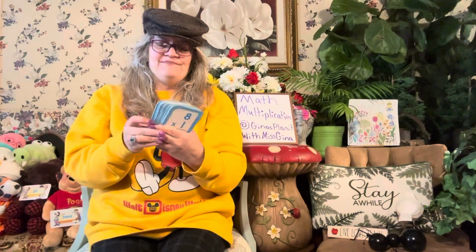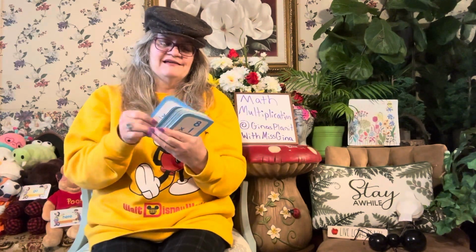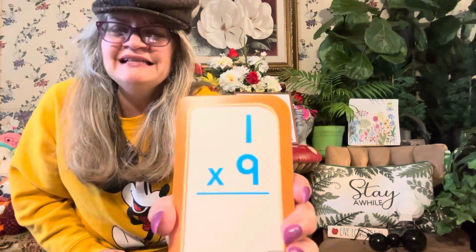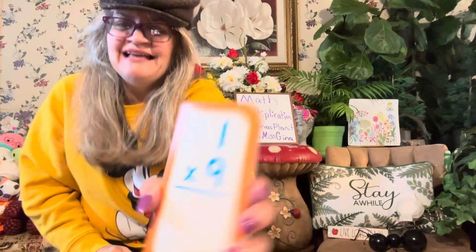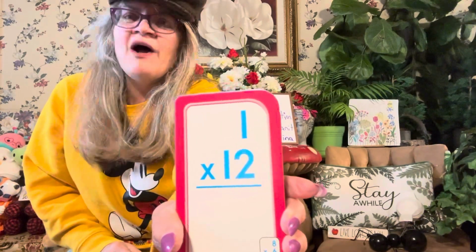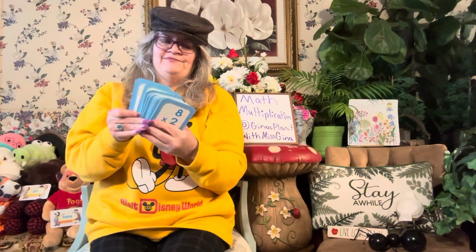Good job. What about 1 times 9? It is 9. What about 1 times 12? It is 12. Whether it's written 12 times 1 or 1 times 12, it's 12.